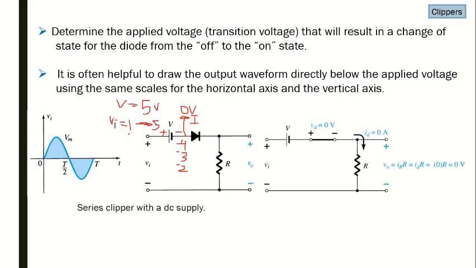When Vi is equal to 5 and V is equal to 5, Vi minus V is what we'll get at the output terminal Vo. So 5 minus 5 will be 0 volts, and the diode will be in the condition that it allows the current to pass through. So we are getting a potential of 0 volts, but the diode will be in its on state.